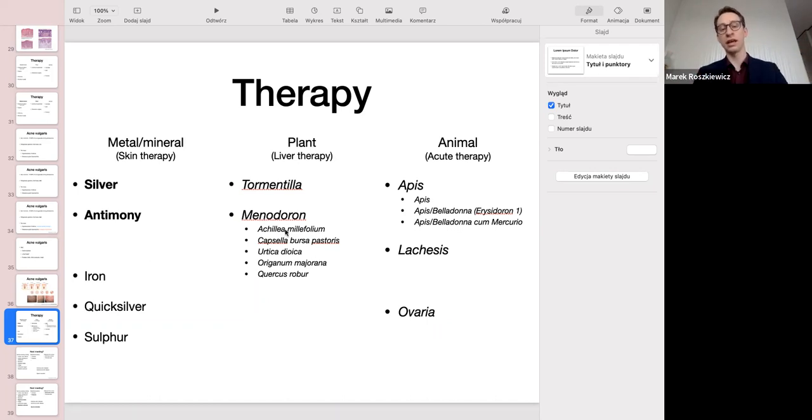And when you see the composition of Menodoron, it has Achillea, so works on the liver, Capsella bursa-pastoris, Origanum majorana, very closely connected to women's reproductive organs too. Urtica, a lot of iron, so also this anti-inflammatory effect. Quercus, as closing up a bit of the skin, not creating so these pustular things.